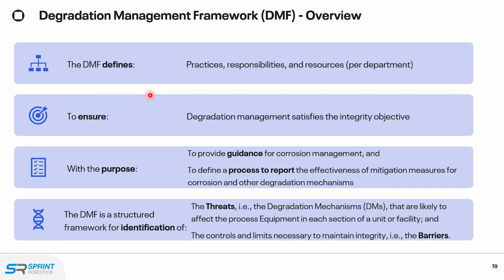So the degradation management framework defines the practice, responsibility, and resources ensuring that degradation management satisfies the integrity objective, right? The integrity objective is going to be zero leaks, for example, with the purpose of providing guidance to an inspection plan and a process to report the effectiveness of that mitigation, right?